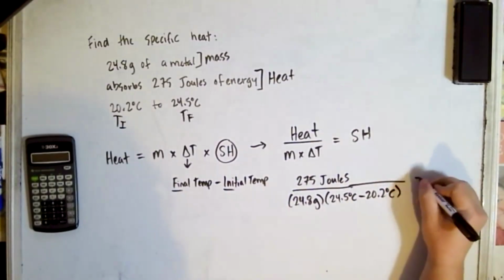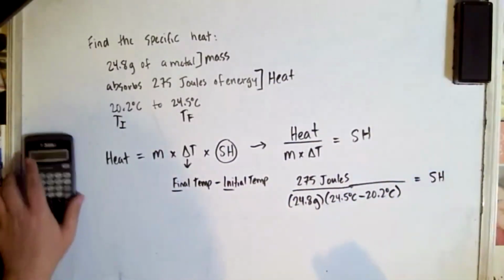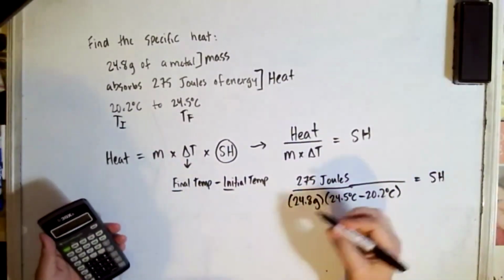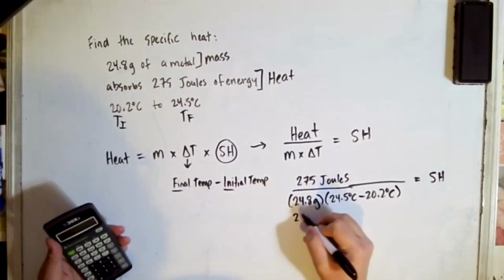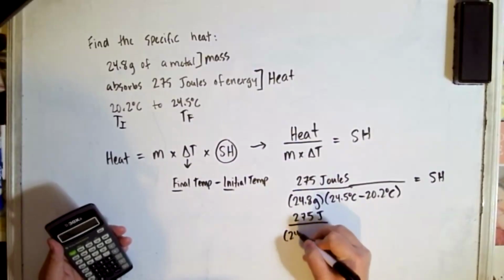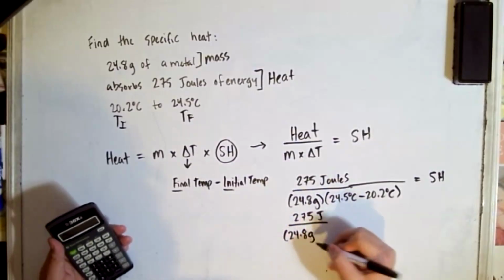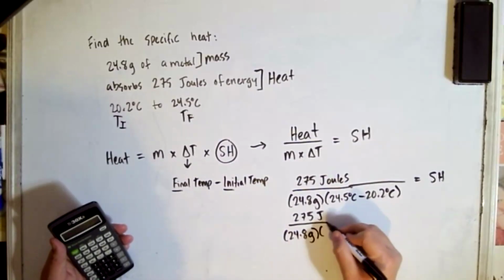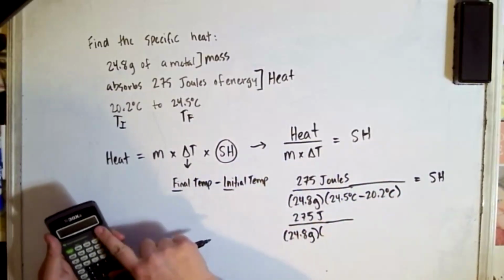Okay. And that's going to be equal to our specific heat. So we could put this all in our calculator, but I'm going to break it down in one more step, just because I think it's easier to keep track of our significant figures if we do this subtraction.